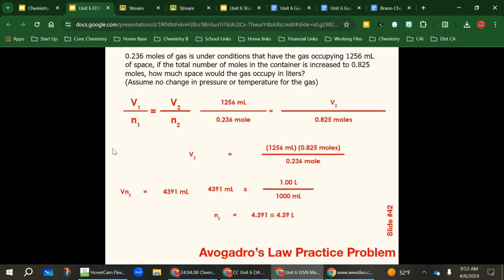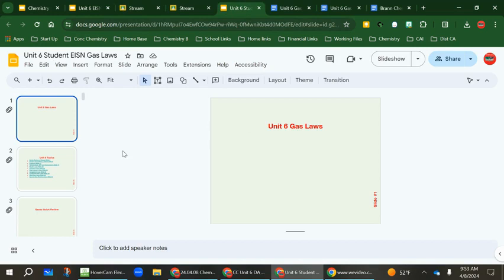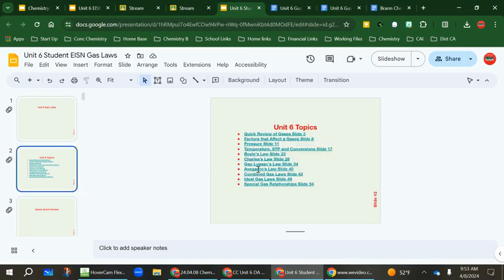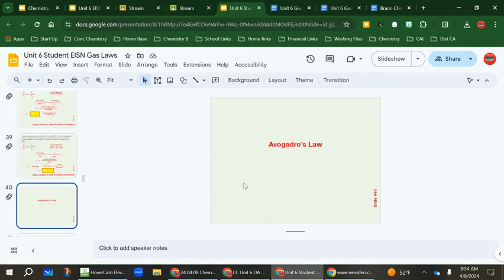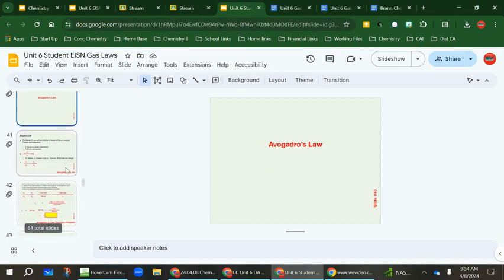On our, at least mine, I have the moles on top and then the volume on the bottom. On your ISN? Oh yeah, me too. Sorry. Really? Okay. Well, here's the thing that I will tell you, and I've said this before.